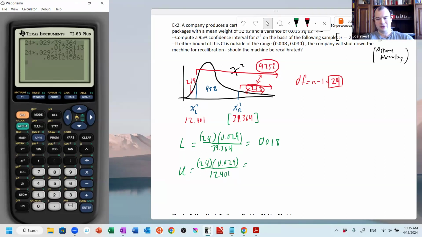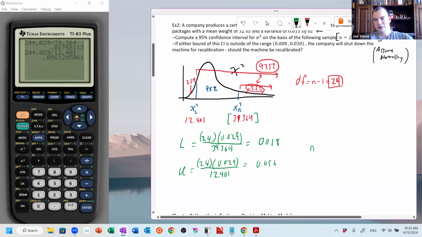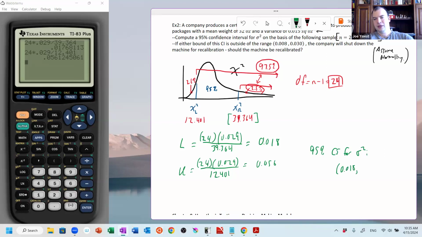And that gives me 0.056. So my 95% confidence interval for the variance is 0.018 to 0.056.